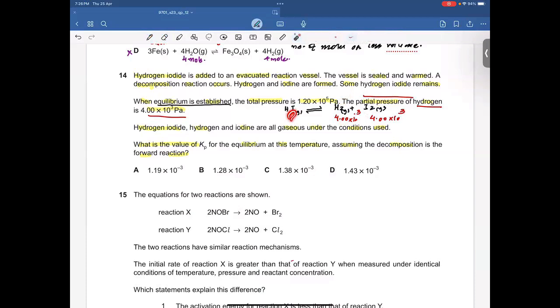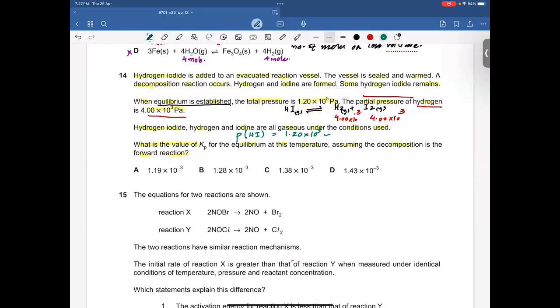Now we need to find out the partial pressure of HI at equilibrium. Since total pressure is given, the sum of partial pressure of each gas is equal to the total pressure. So I have to find out the partial pressure of HI. I have the total pressure and I will subtract this.